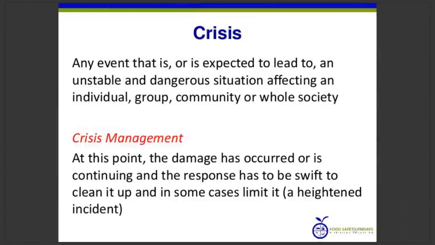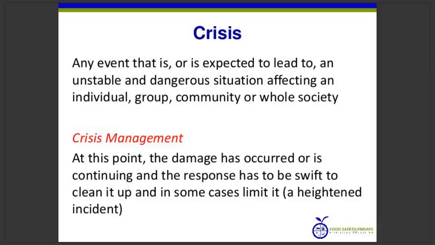Then we go to the crisis. A crisis is any event that is expected to lead to an unstable or dangerous situation affecting a group, individual, community, or whole society, which is more critical than an incident or risk. At this point the damage has occurred or is continuing, and the response has to be swift to clean it up, and in some cases to limit it.